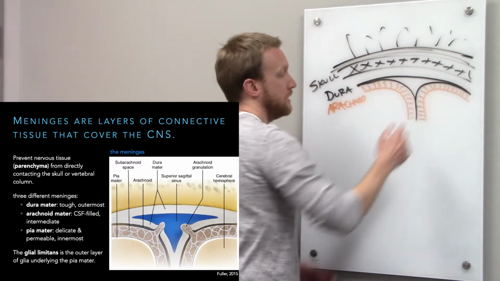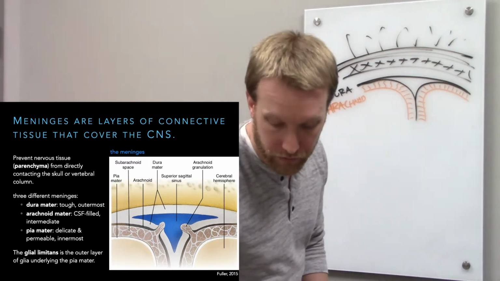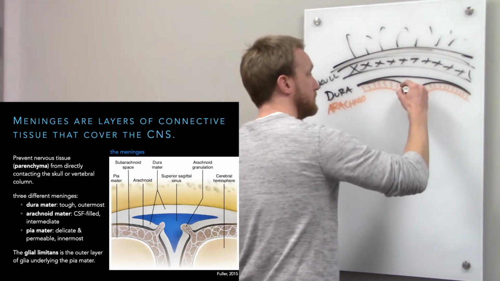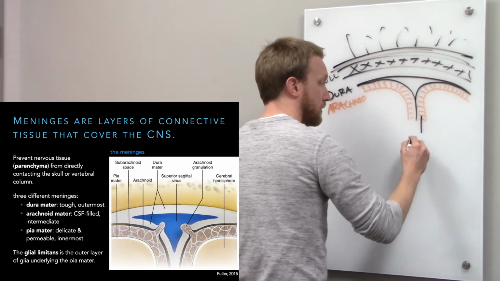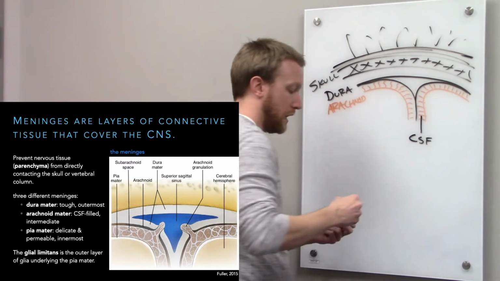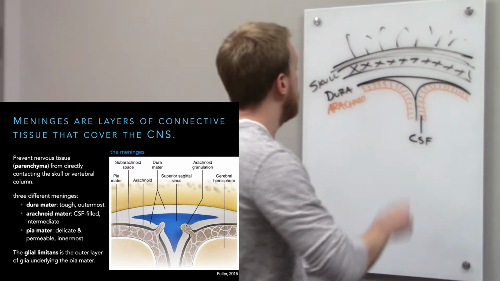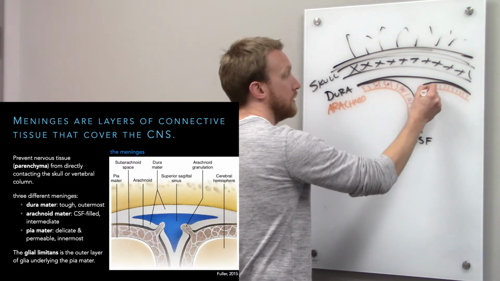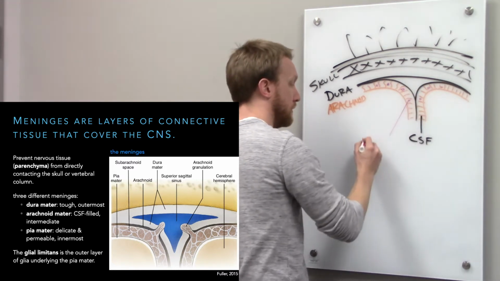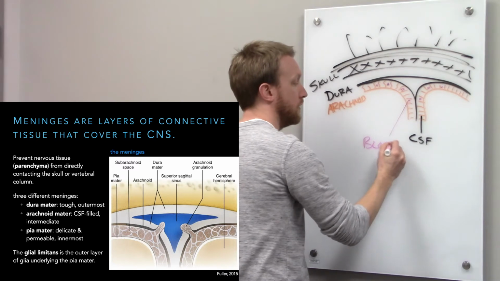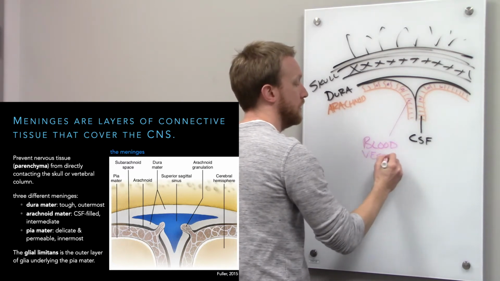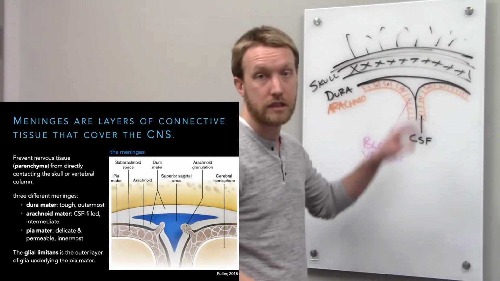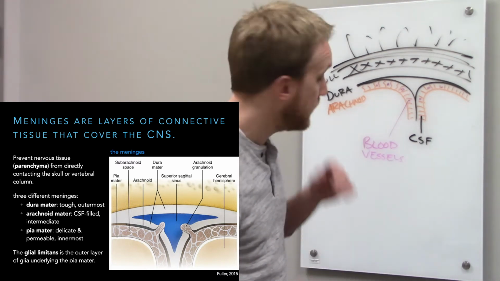So this right here is filled with cerebrospinal fluid. And it also has a whole lot of blood vessels running in it. So this will be a common site for pathogens to enter. It's in that subarachnoid space.